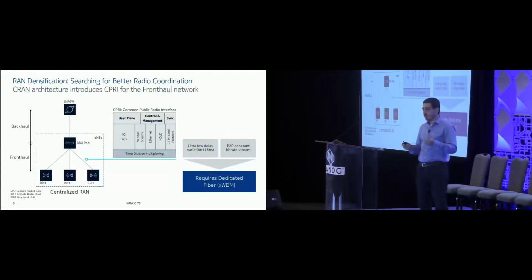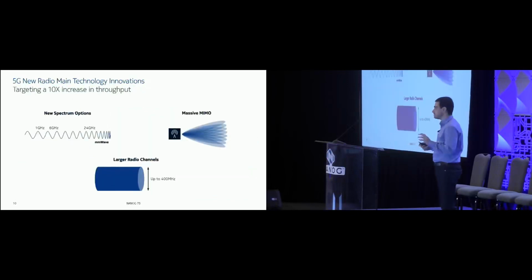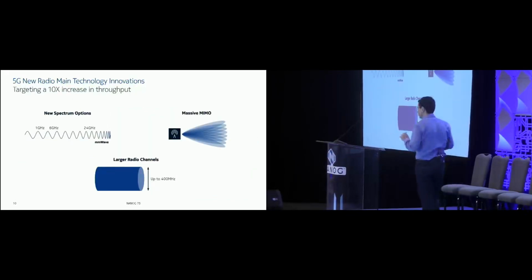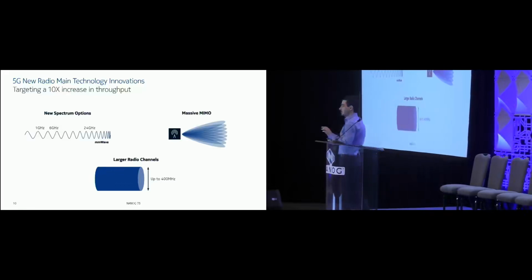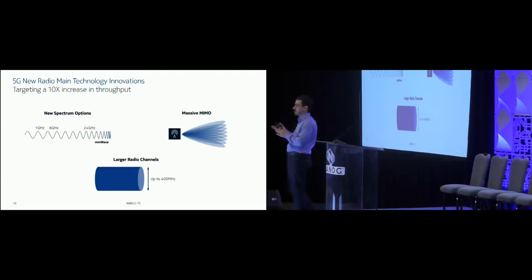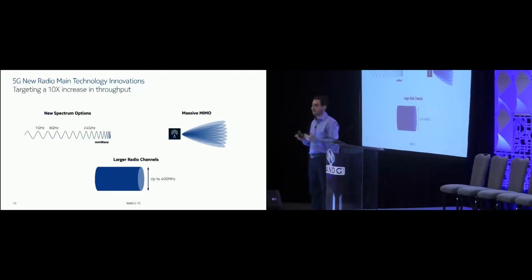Now, when we take that concept and start to look at 5G, there are a few changes. And what are those changes? So in 4G, most of the radio channels that we use are typically 20 megahertz wide, right? So you might have typically 20 megahertz for downlink plus 20 megahertz for uplink, or you could even have less than that, maybe 5 or 10 megahertz.